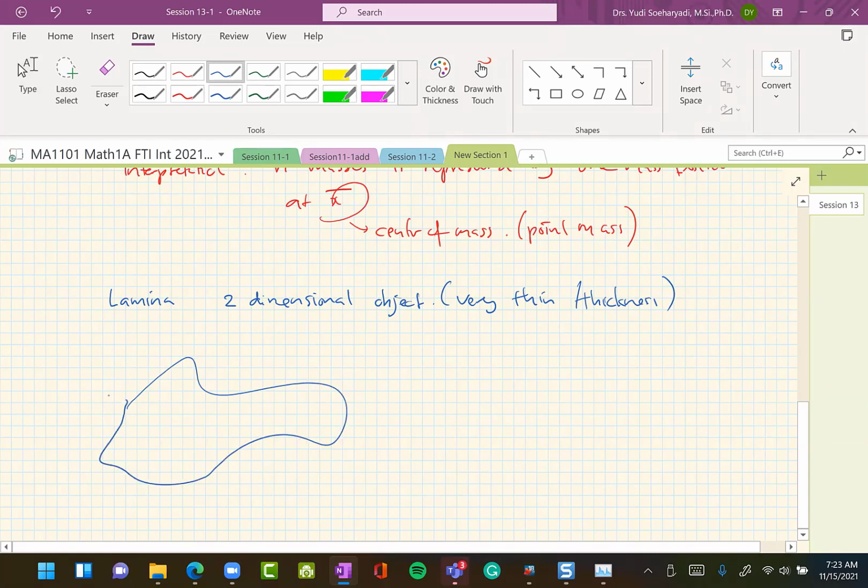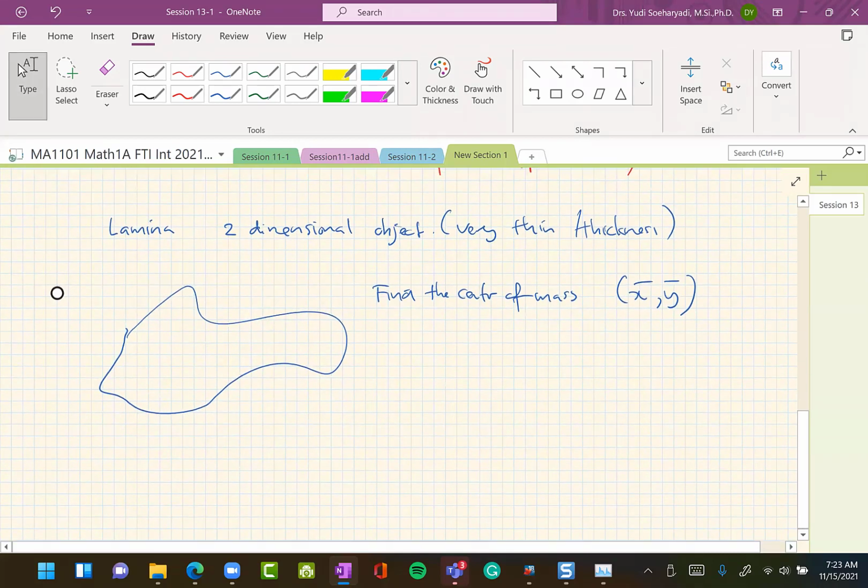Our objective is to find the center of mass, that is, x bar, y bar.